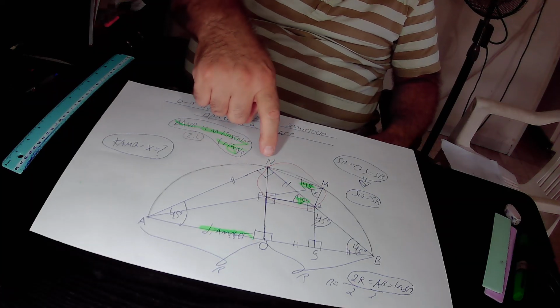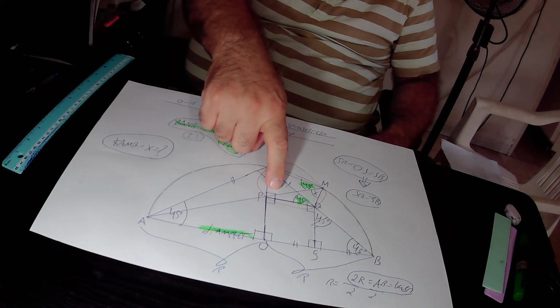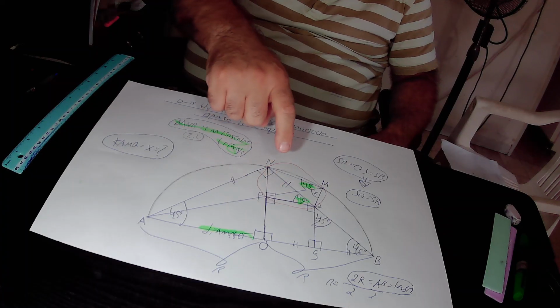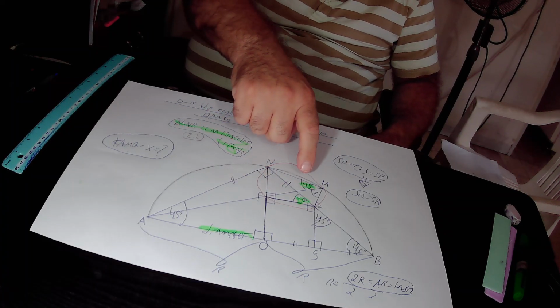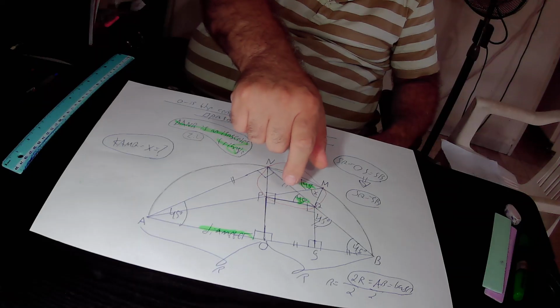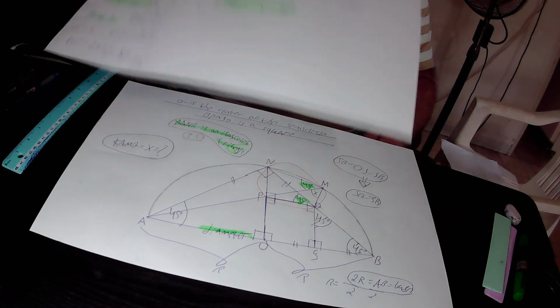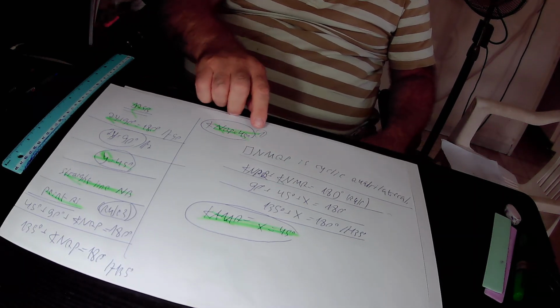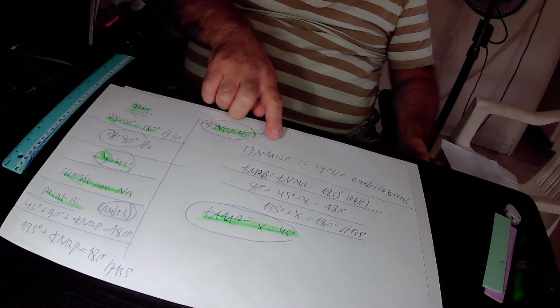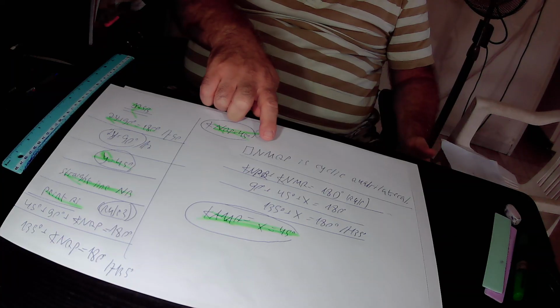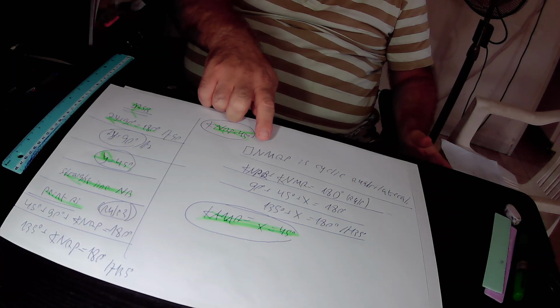This is angle NPQ, equal to 90 degrees in size, plus the opposite angle NMQ, that is 45 degrees plus x. In total, the sum of those two opposite angles must be equal to 180 degrees, because it is a cyclic quadrilateral.